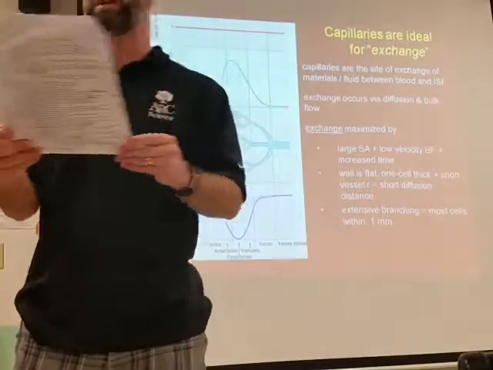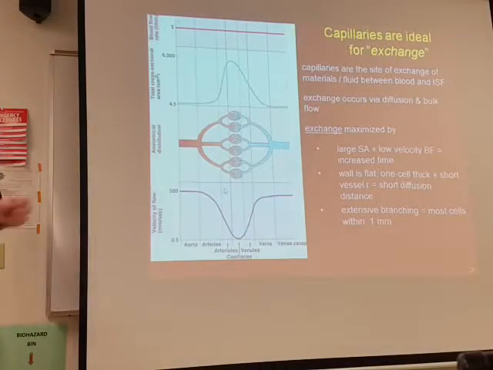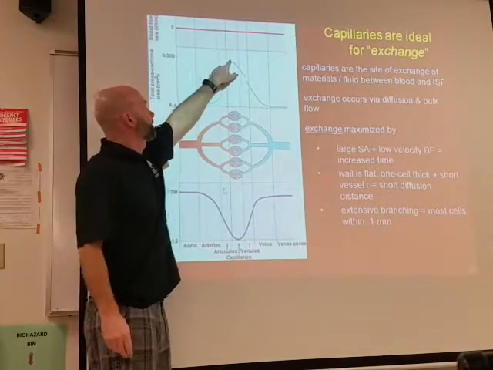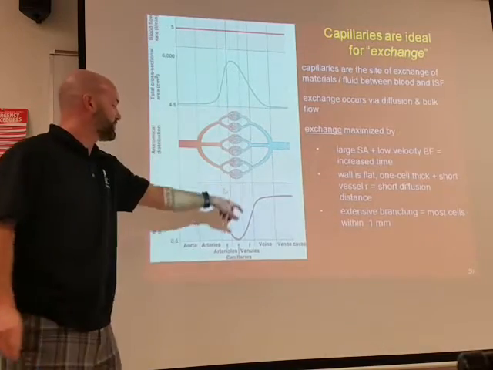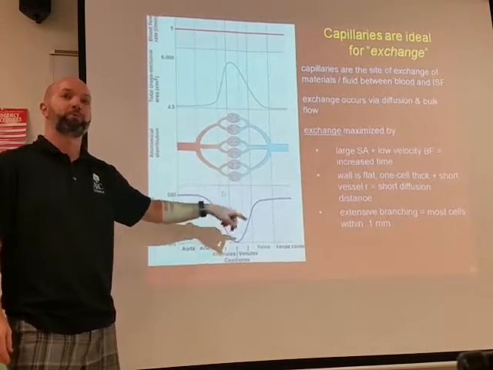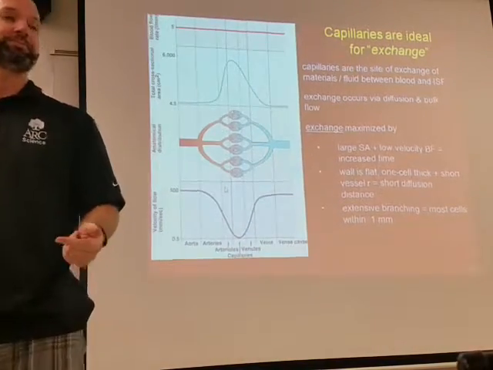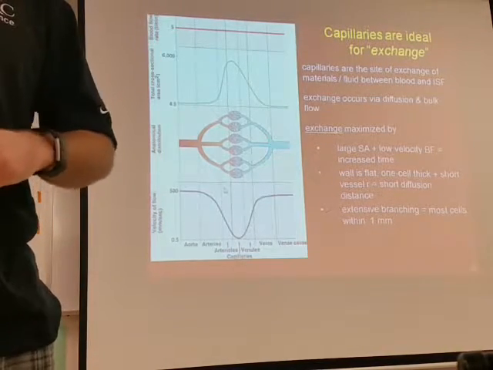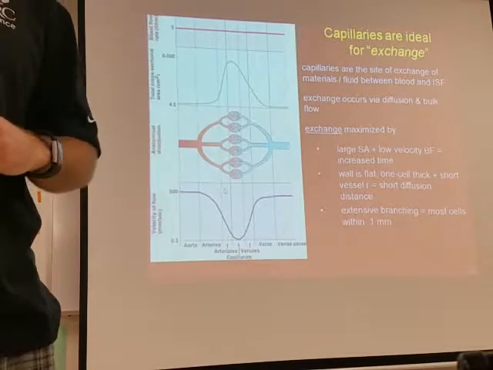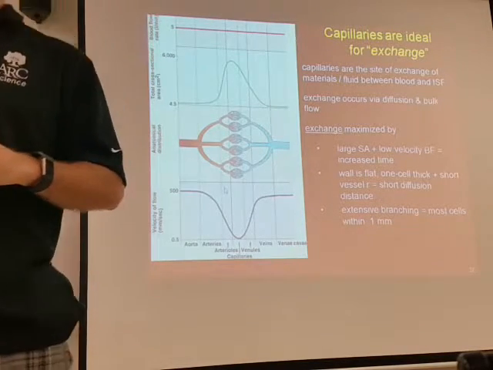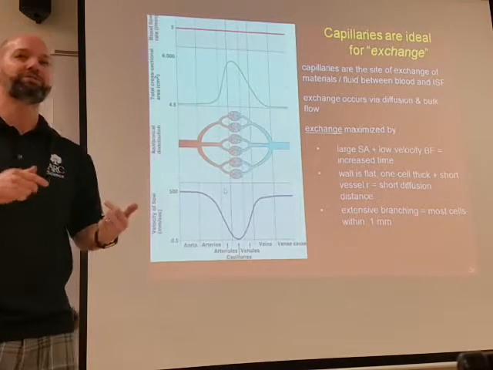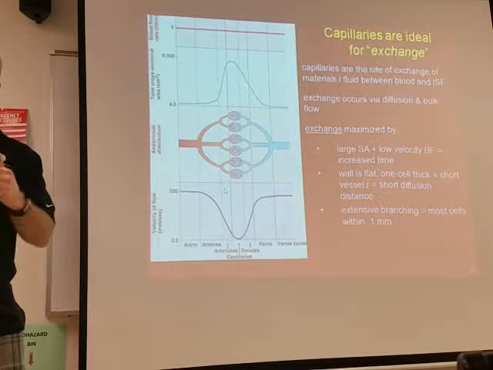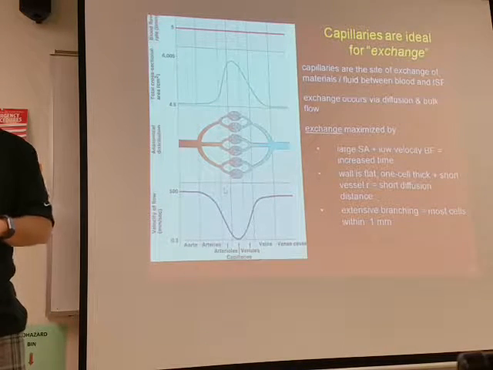Huge surface area, and a huge surface area combined with a very low velocity. With more surface area, we can carry out more exchange, more diffusion, move more stuff in and out of the tissue. We'll come back to diffusion later, but one of the factors that determines diffusion is surface area.